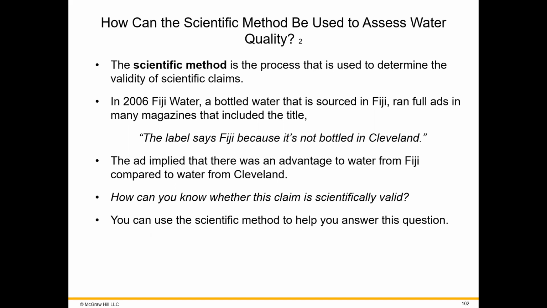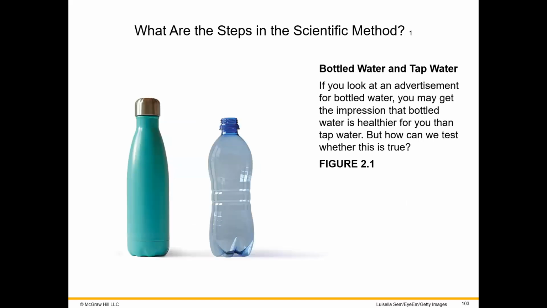Now, it's basically implying that the advantage of bottled water, particularly from Fiji, is that it would be better, right, than Cleveland water. But how do you know whether this claim that all Fiji water is better than Ohio water is scientifically valid? Well, that is what we're going to go into.